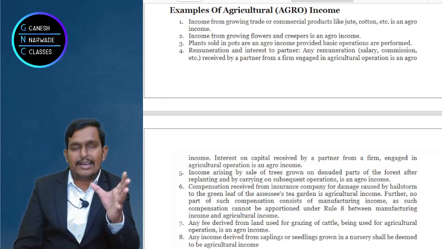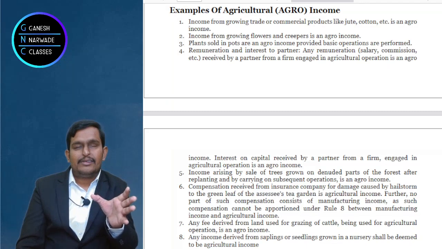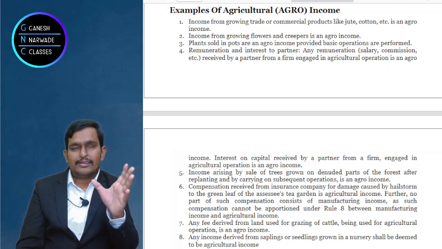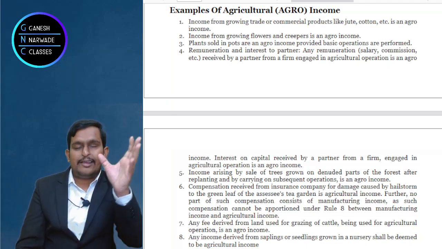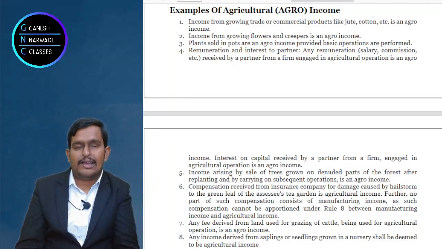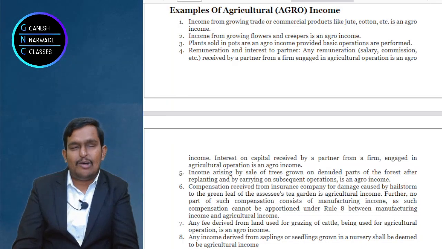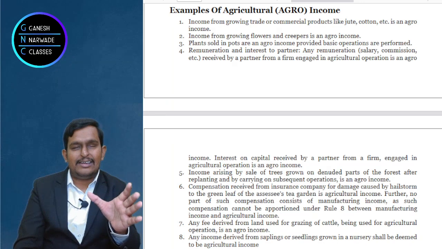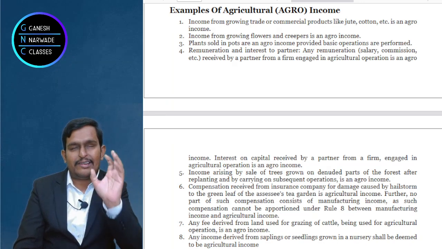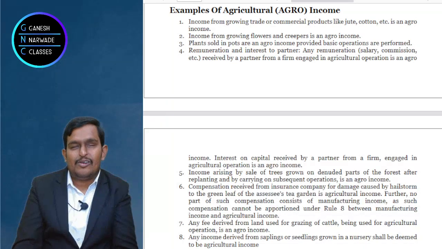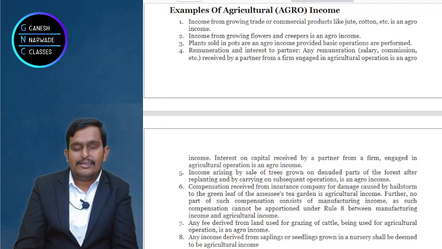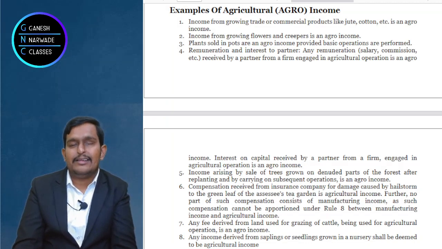Now in the agricultural farm, the cattle and the cows are all used for agricultural activity. Now if a certain part of the land is used only for grazing of the cattle, then that is also agricultural income.